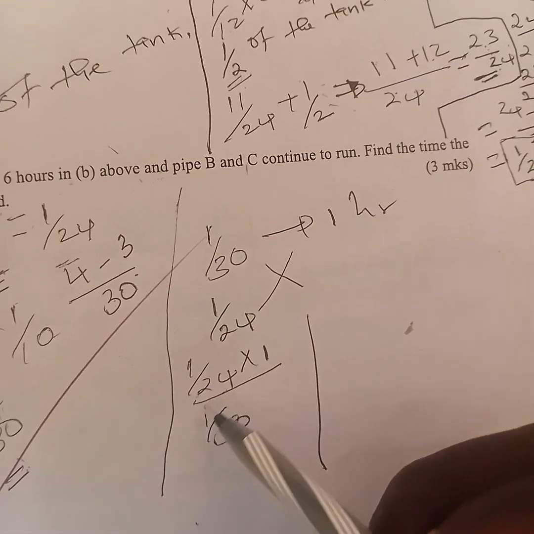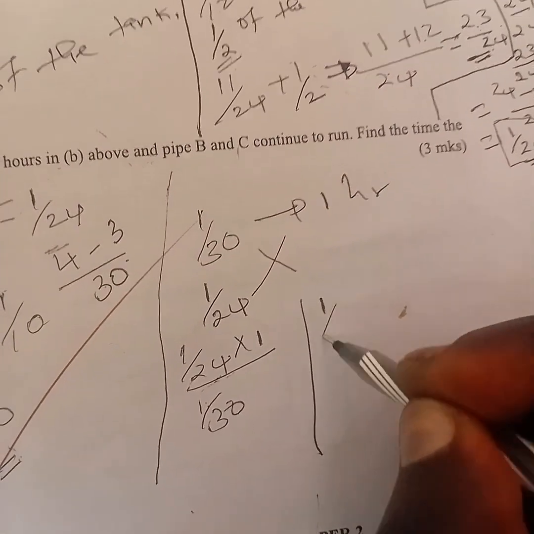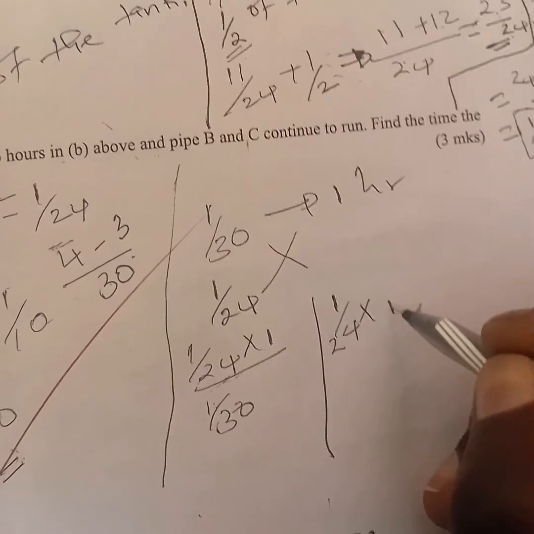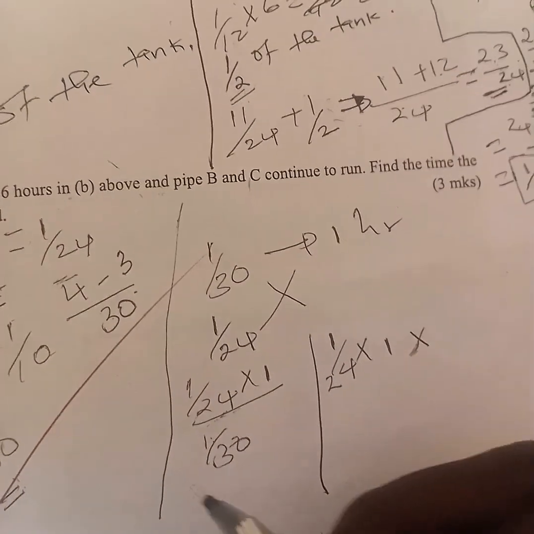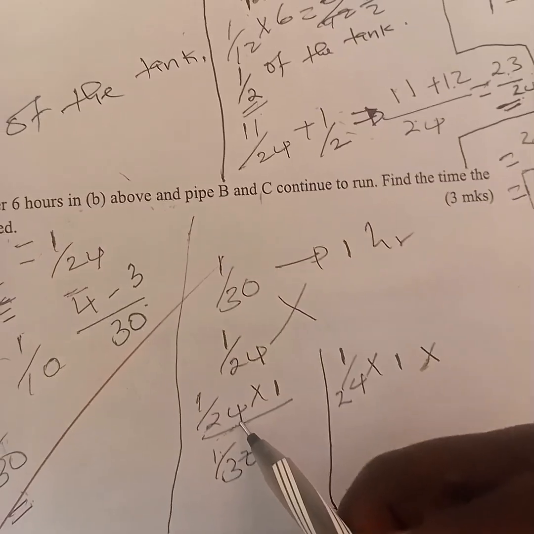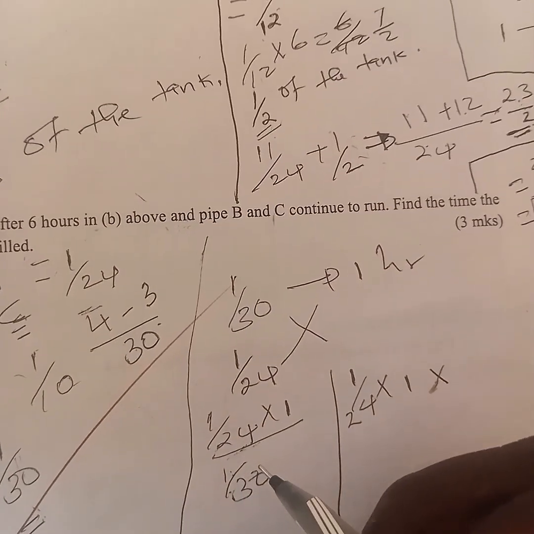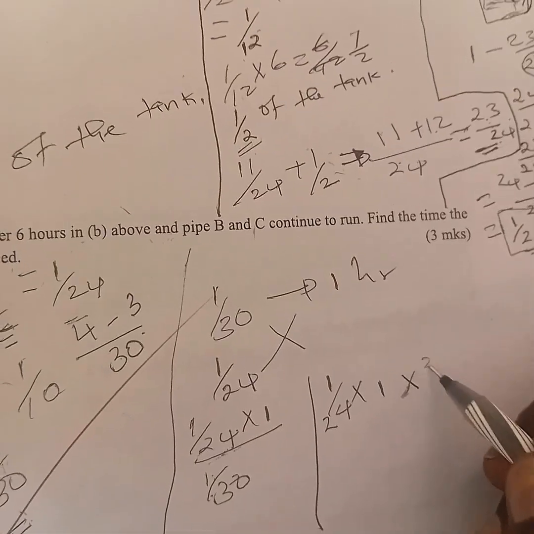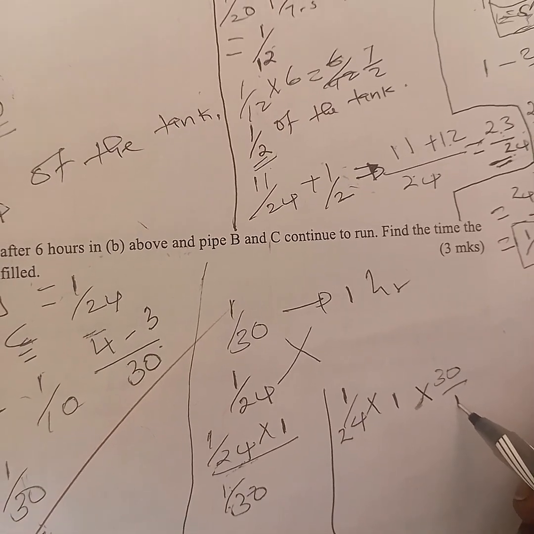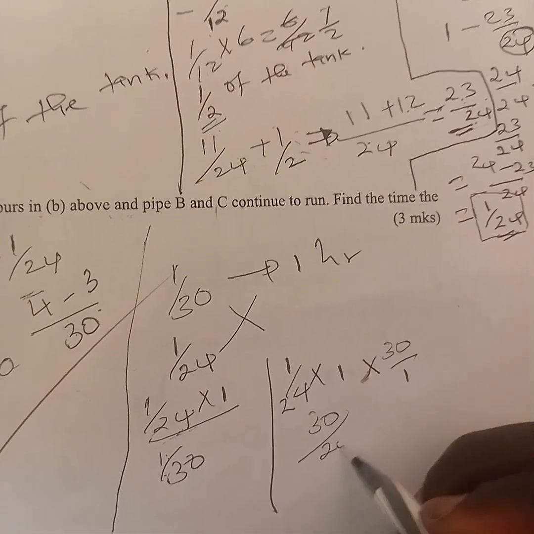Changing the division sign to a multiplication, when it is a fraction, you reciprocate it. So 30 will go upside, then 1 downward. So it will be 1 over 24 times 30 over 1, which is 30 over 24.